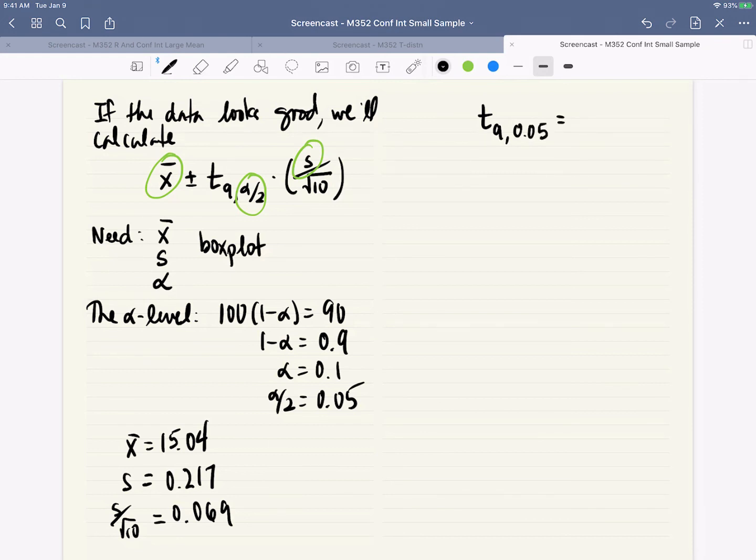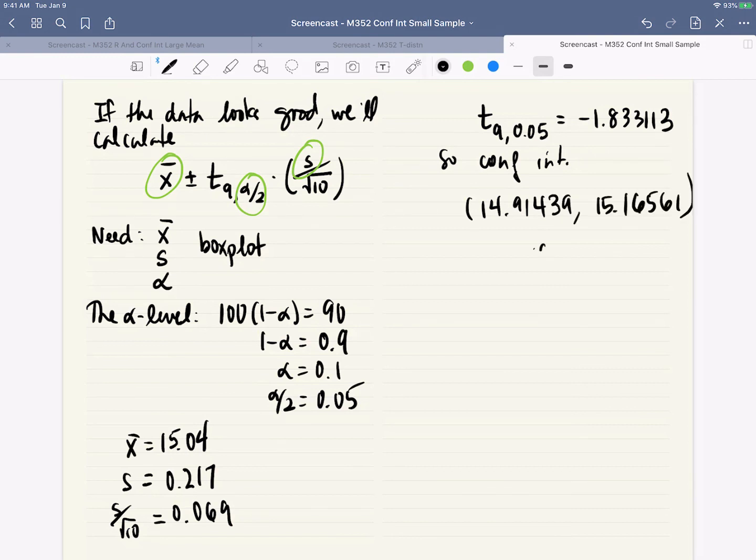We calculate that to be negative 1.833113. So our confidence interval turns out to be the interval from 14.91439 to 15.16561. Or if we're rounding, we might put that down because the data was given to us with 2 decimal places of accuracy.